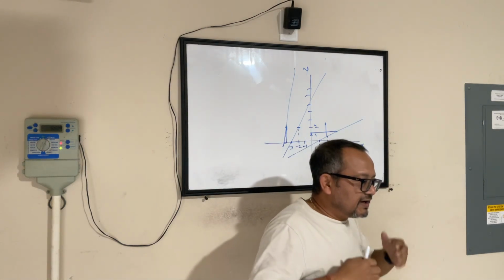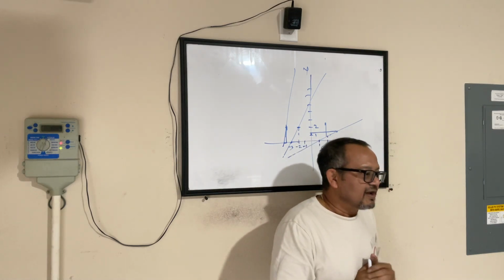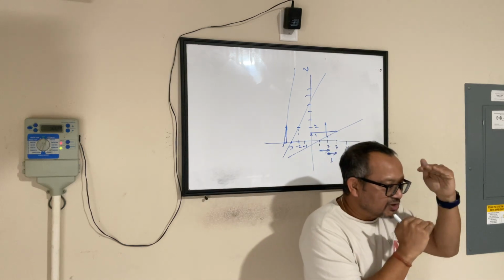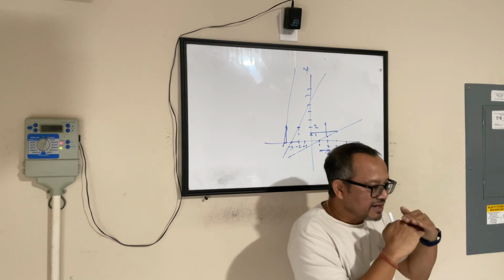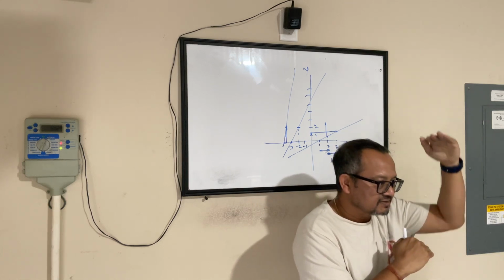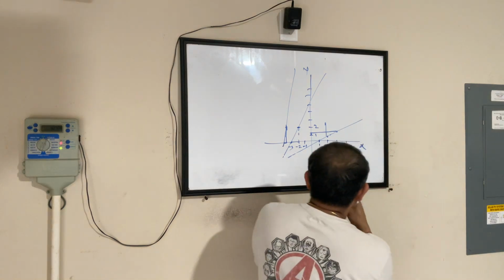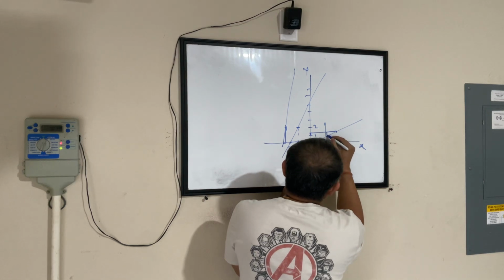Let me take you guys away from math and talk only in English. When I'm saying slope is less, my y is changing slowly. When I say my slope is more, my y is changing very fast. Fast as in, when my x value changes from here to here, y changes only this much.